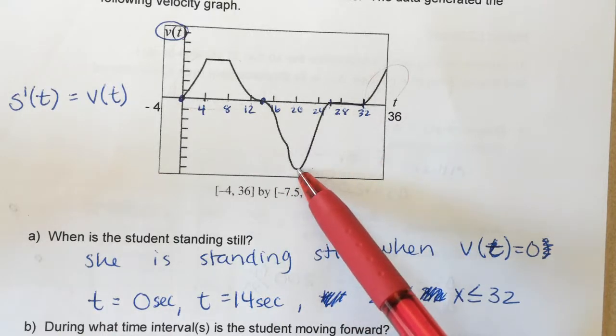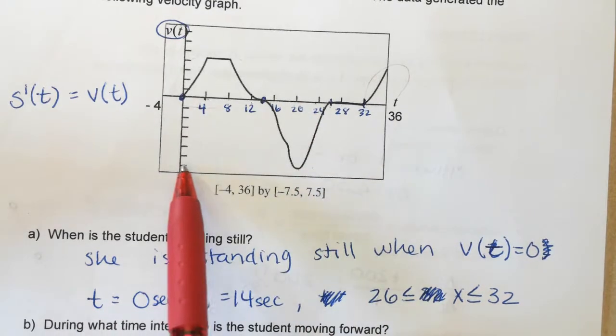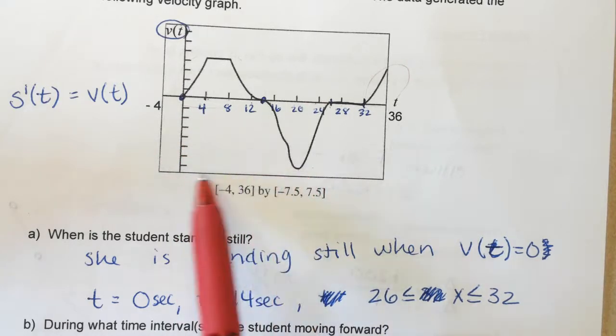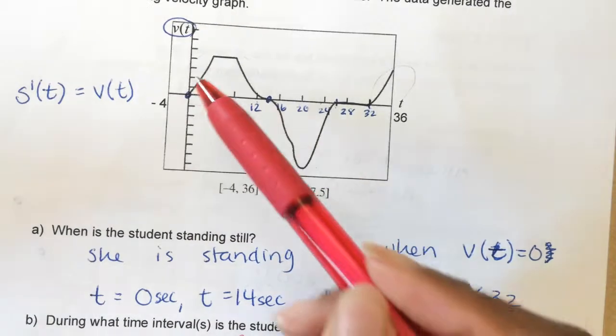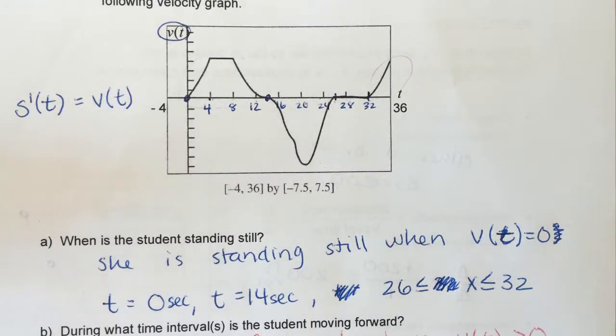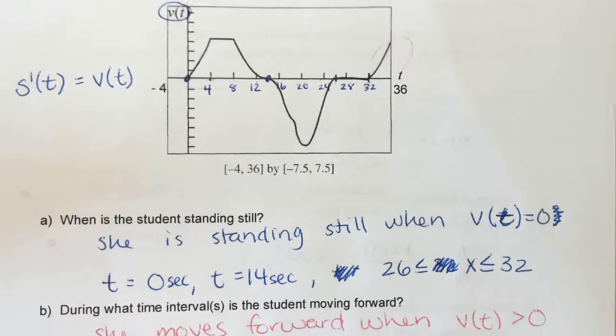Down here, v of t is -7. So we have 4 and we have -7. However, we want to know, if we take the absolute value of 4 and -7, which number is greatest? And that value is -7.